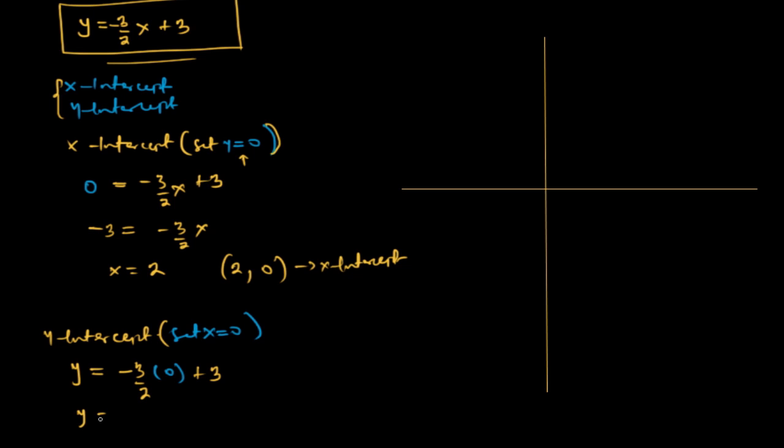So y equals 0 plus 3, which is 3. This implies that when x is 0, y is 3. This is our y-intercept.